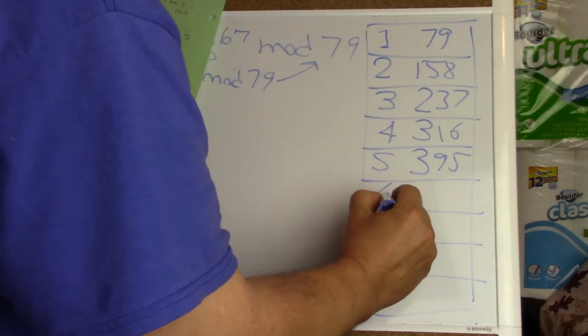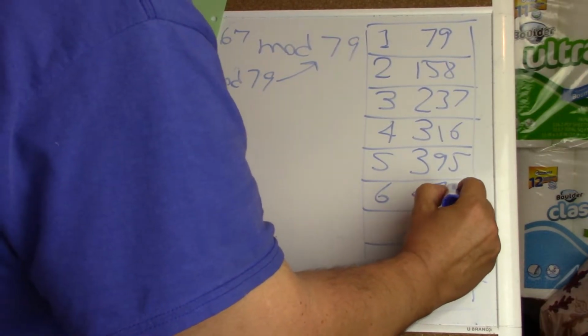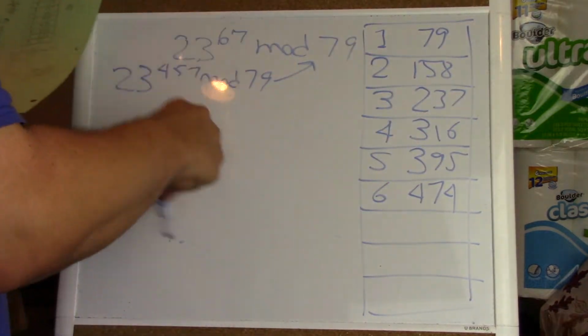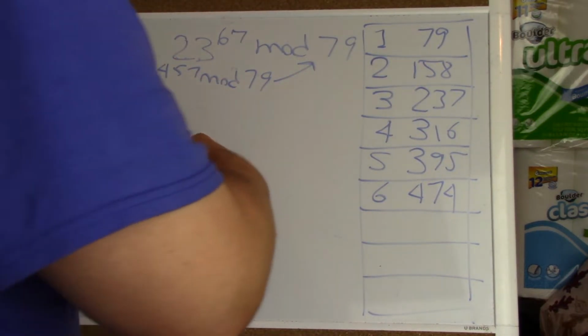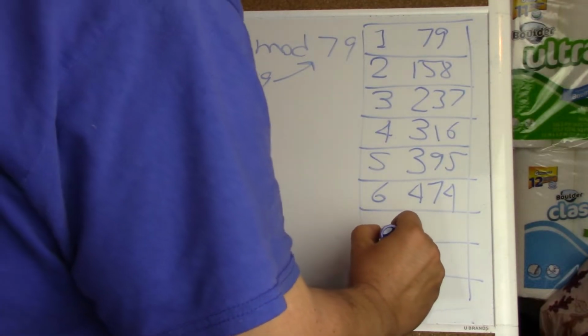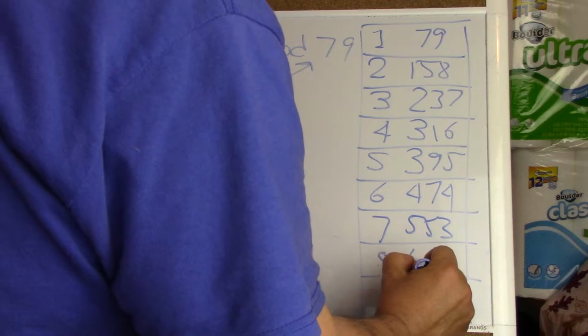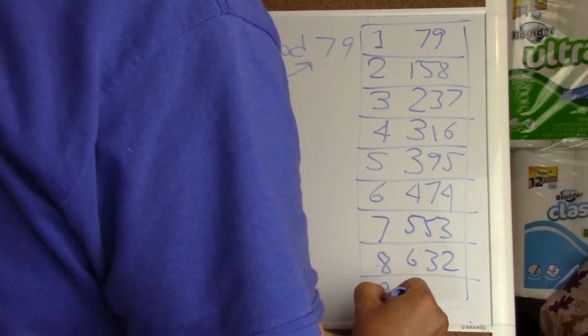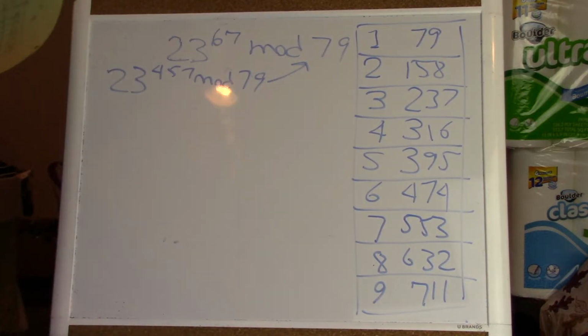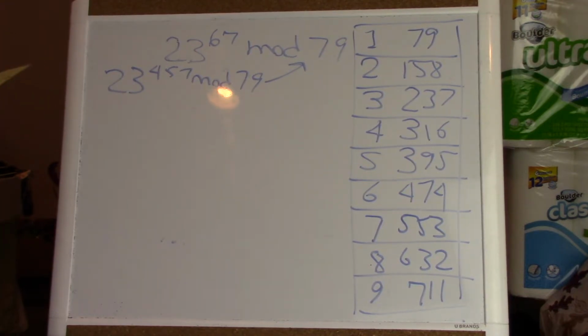Now why do I do this? It's because I don't want to be calculating these more than once while I'm solving the problem. If I do it once, I can just reference this table while I am solving the problem. Alright? So let's get on with it.